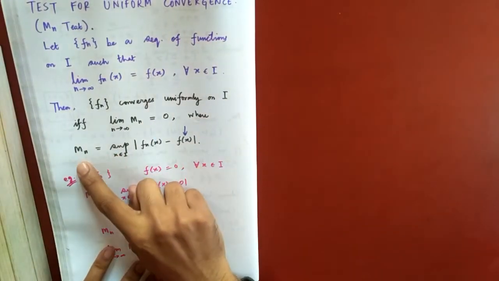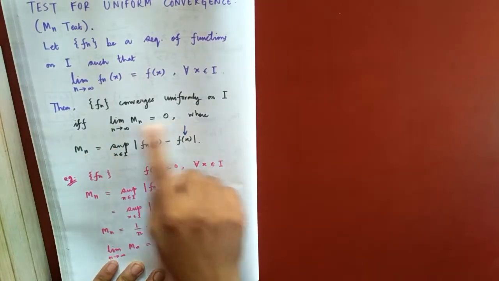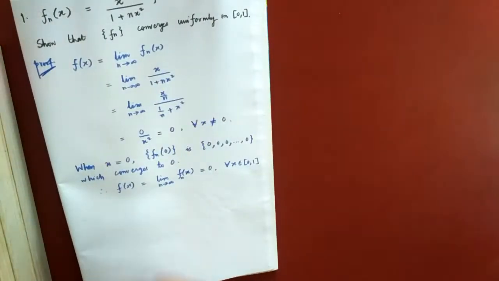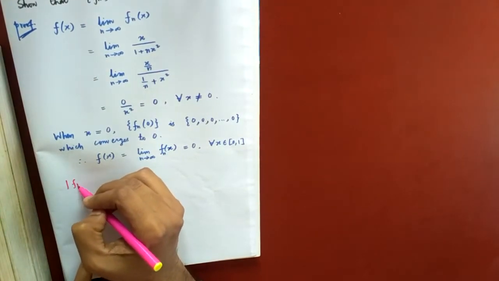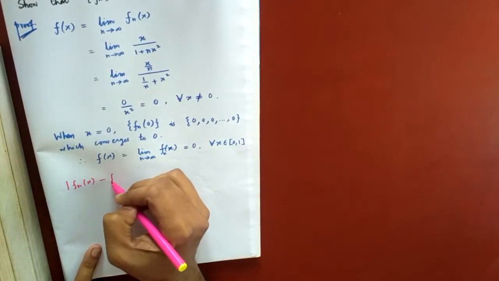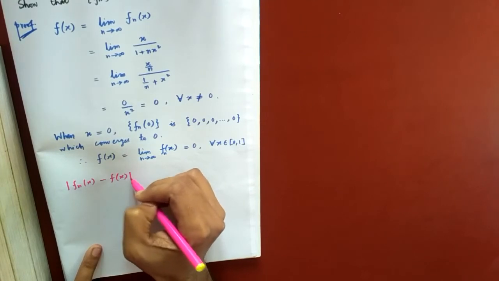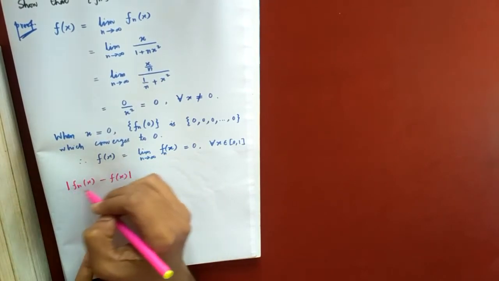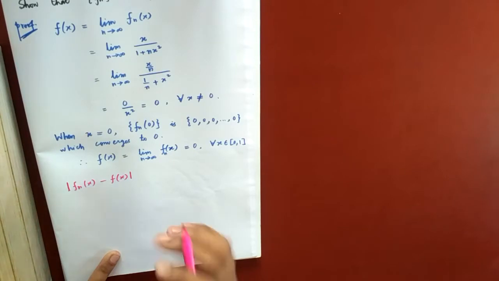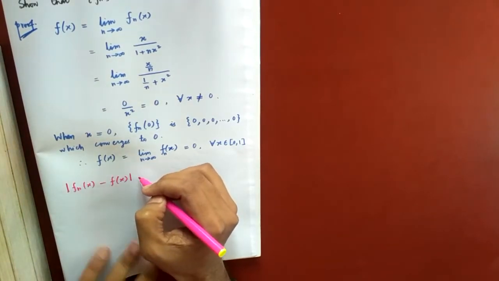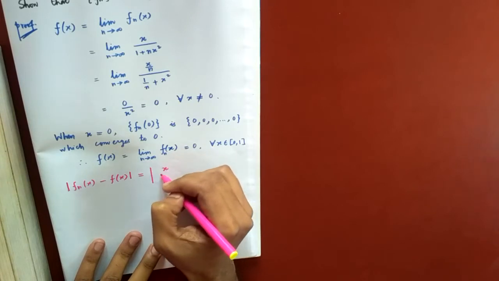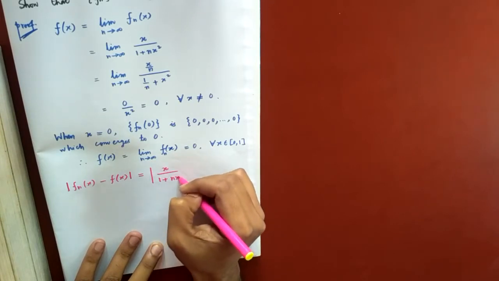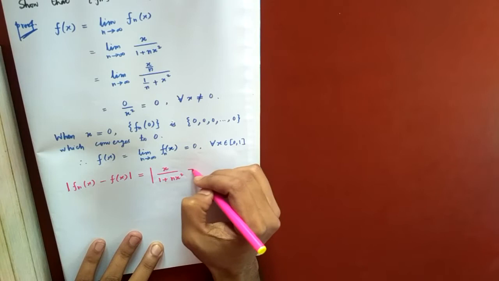Now you see what my next task is. My next task is to find Mn. Mn is what? The supremum of this thing. So I have to find the maximum value of fn(x) minus f(x), where x runs from 0 to 1. So this is what? fn is x by 1 plus n x square minus 0.